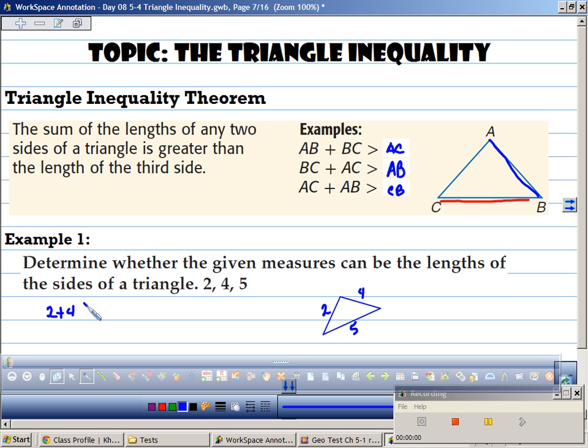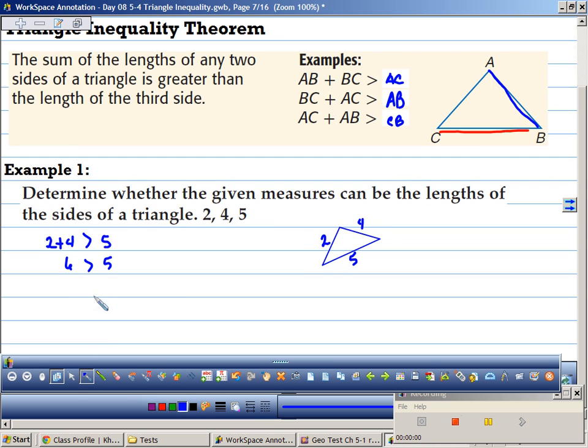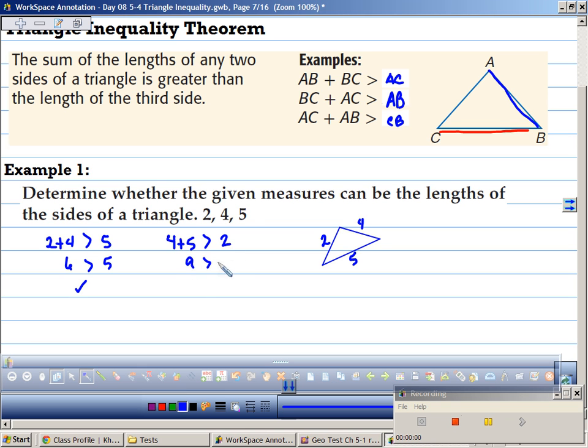2 plus 4 must be greater than 5. Is 6 greater than 5? Yes. So check, that works. 4 plus 5 must be greater than 2. That works. 9 is greater than 2.